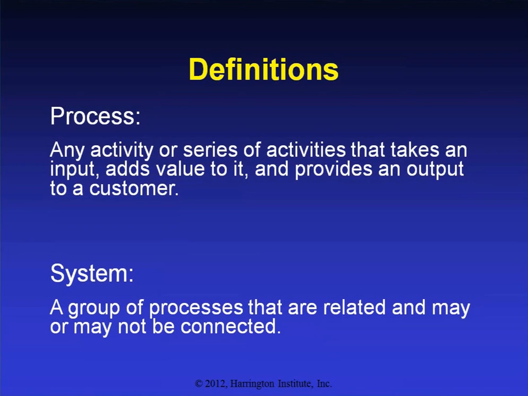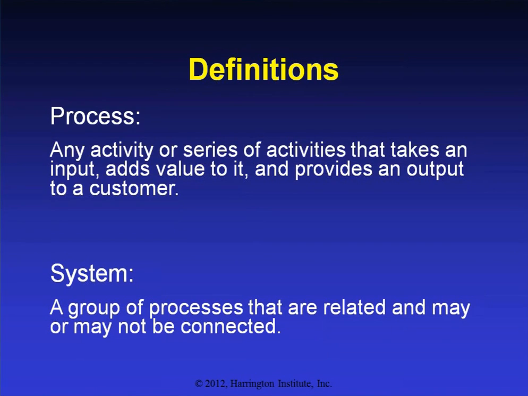Let me start off by giving you a couple good definitions so that we're at least talking about the same thing. A process is any activity or series of activities that takes an input, adds value to it, and produces an output. A system, on the other hand, is a group of processes that are interrelated and may or may not be connected.